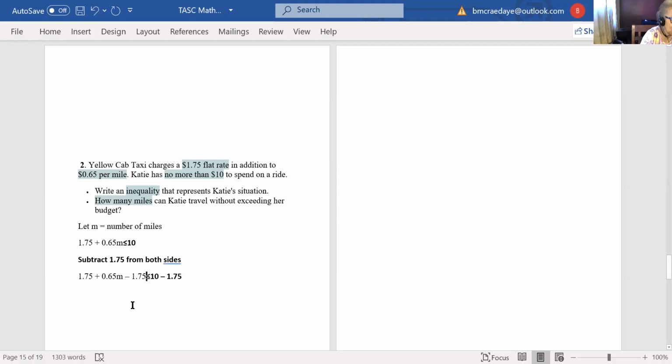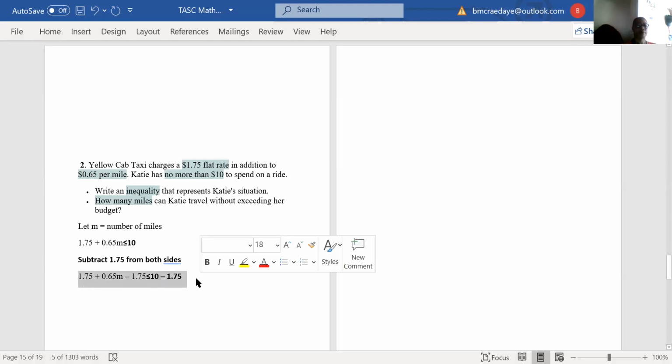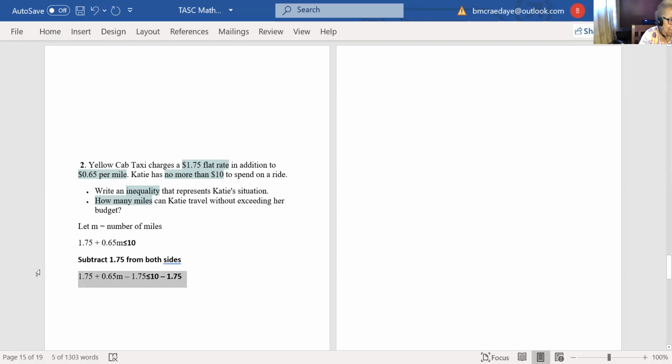So what do we have on the left side? 0.65 M. That's it. Perfect. Okay, so let's just copy that over. Take out our 1.75. Now, what do we do next, Vanessa?